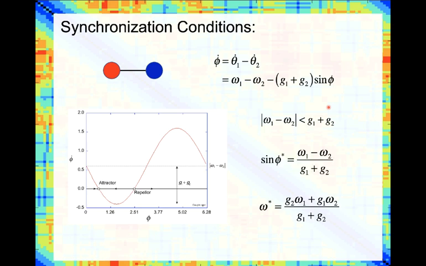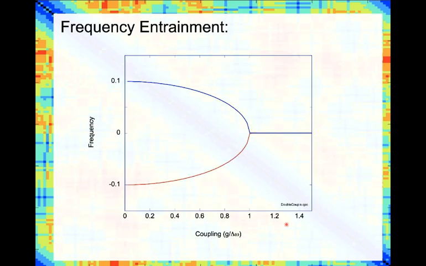We can also solve when phi dot equals 0, there's going to be a fixed phase, sine phi star, so that's the fixed point phase. And there's also going to be a compromise frequency, omega star, and that's just a weighted sum, weighted by the G factors, of the two initial frequencies. So this is what the frequency entrainment looks like.